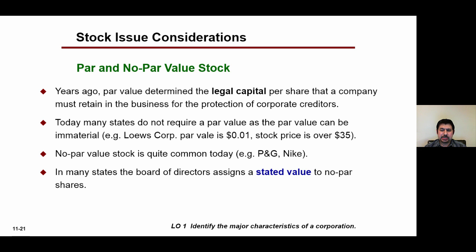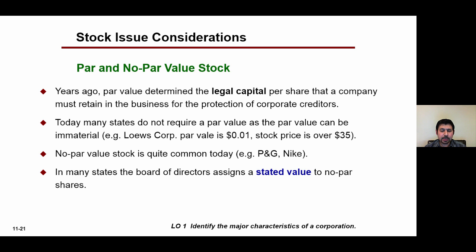However, today many states stopped requiring this because it does not make any sense anymore in certain cases, because the par value is most of the time negligible compared to the market price of the stock.